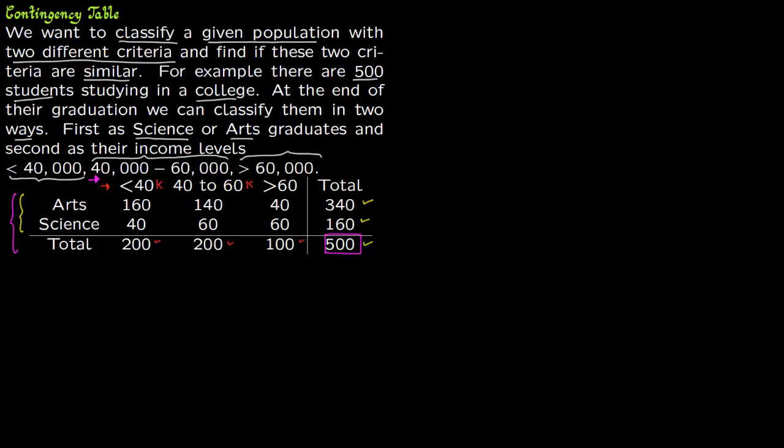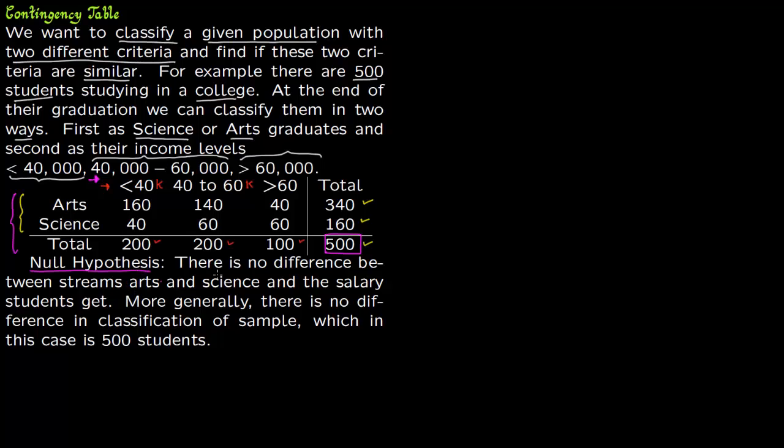So the null hypothesis for the contingency test is that there is no difference between these two criteria, that is, between the streams arts and science and the salary the students get. So whether you classify students as arts or science, or you classify students in terms of their salary level, there is no difference.